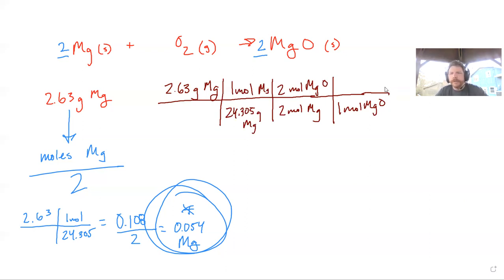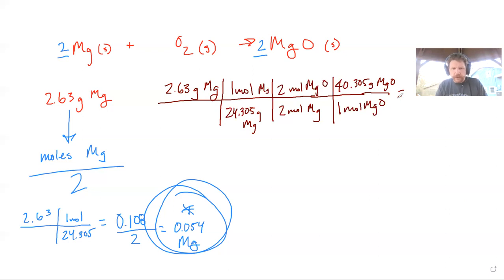Magnesium oxide is 24.305 plus 16, which would be approximately 40.305 grams of MgO. So effectively, I'm ready to go because I've converted my mass of magnesium to moles of magnesium, related those moles of magnesium to my moles of magnesium oxide, then my moles of magnesium oxide to my mass of magnesium oxide.